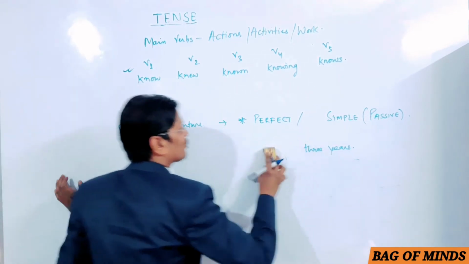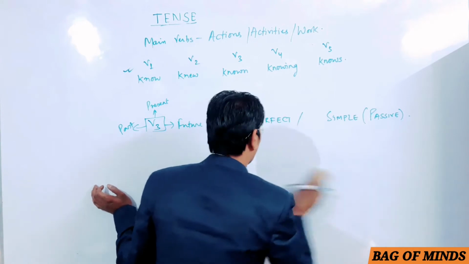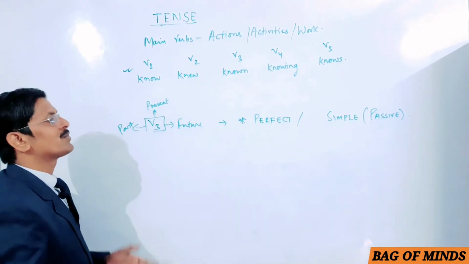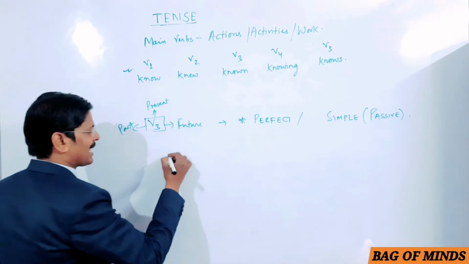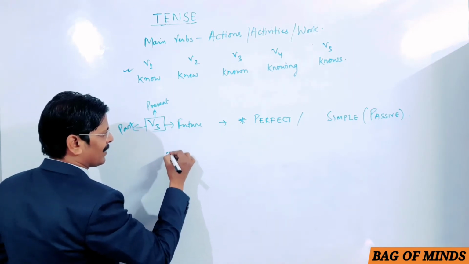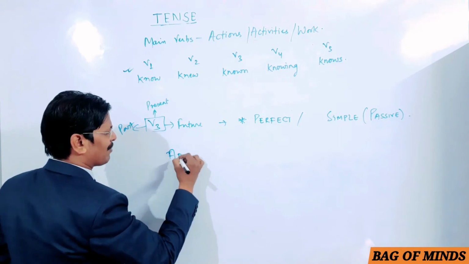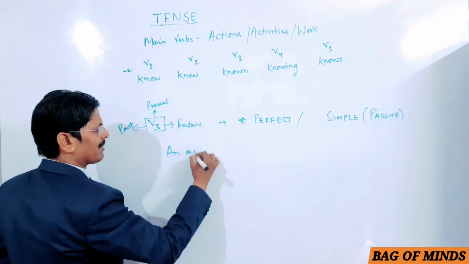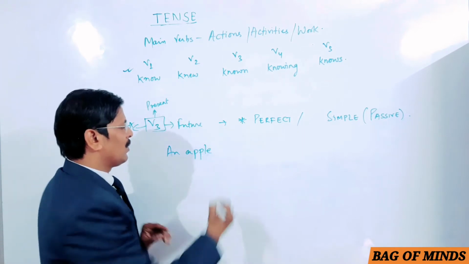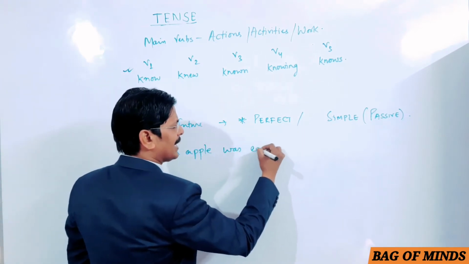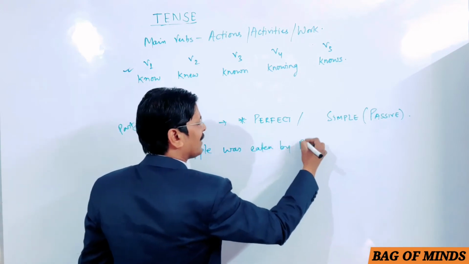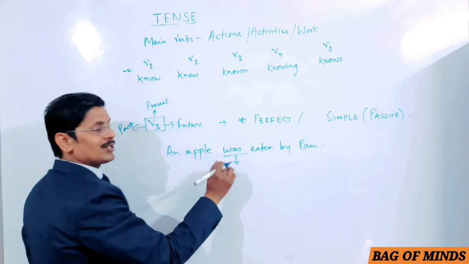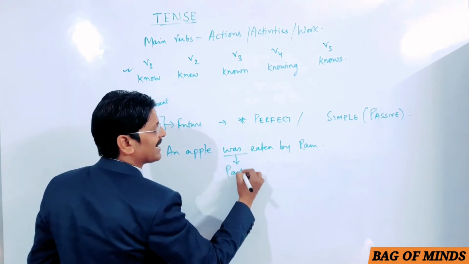Now, let's discuss the simple category. In which way can we say that though the verb is of V3 form, it is being used for simple category? Let's take an example. An apple, forgive me my viewers, an apple was eaten by Ram. Sorry, so here was, you remember which category?